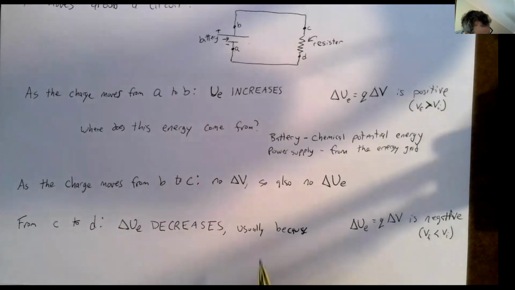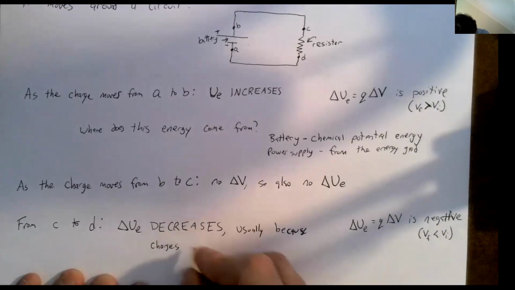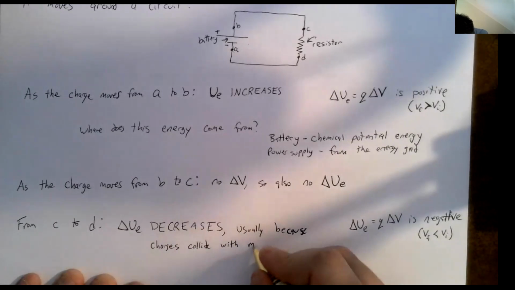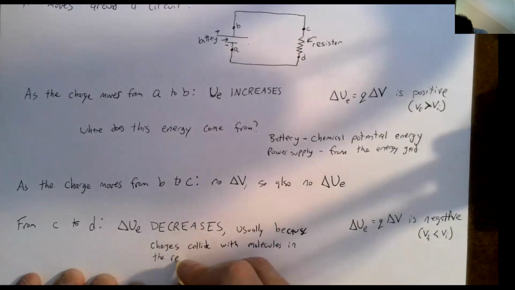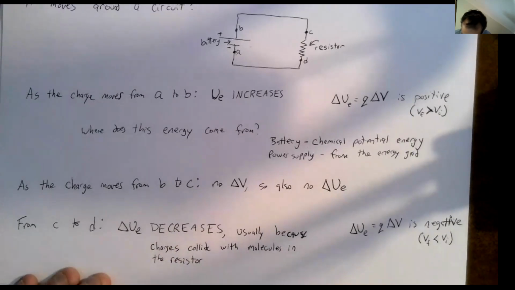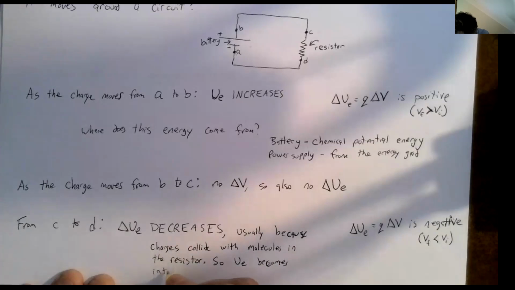So I'll write, usually because charges collide with atoms, or I'll say molecules, in the resistor. So the UE, the electrical potential, becomes internal energy in the resistor.